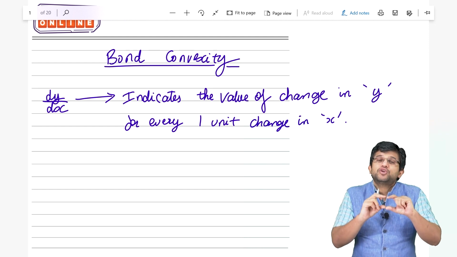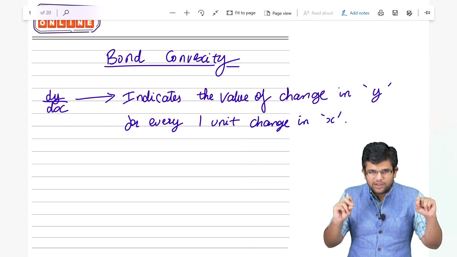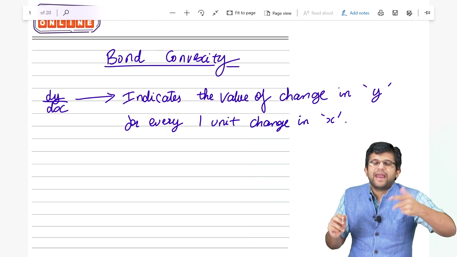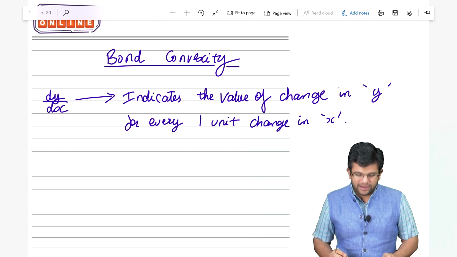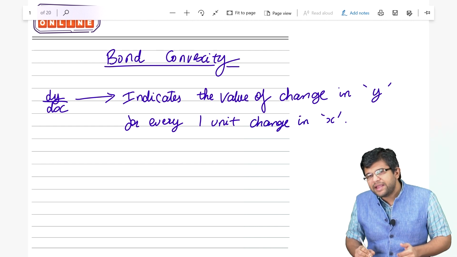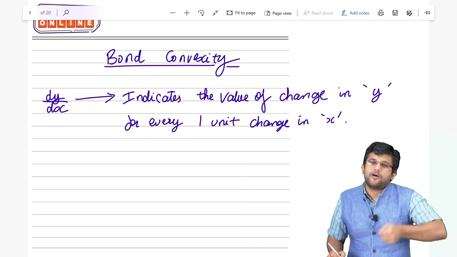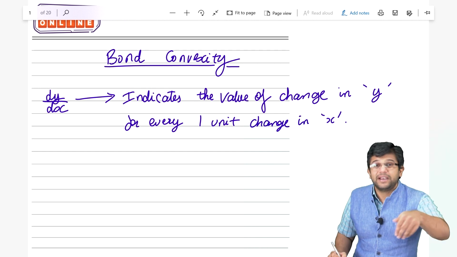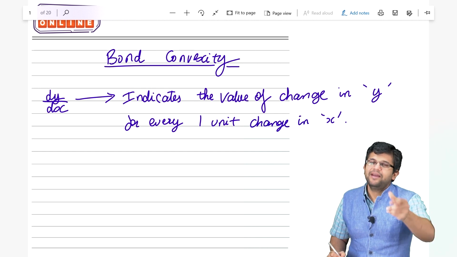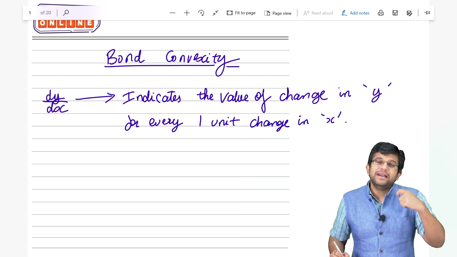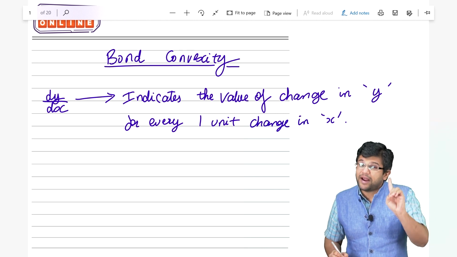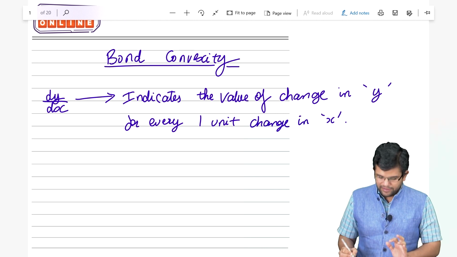X and y should be part of one equation. Only then when x changes, y will react and change. So what dy by dx indicates is the value of change in the dependent variable y for a change in the independent variable x, for every 1 unit change in x.